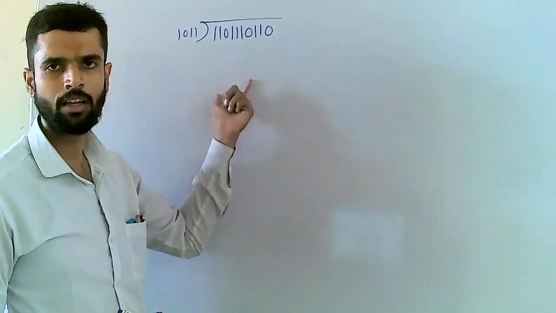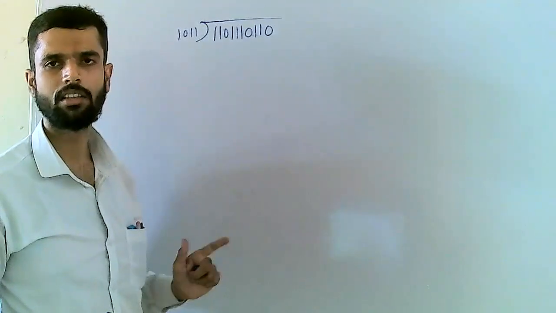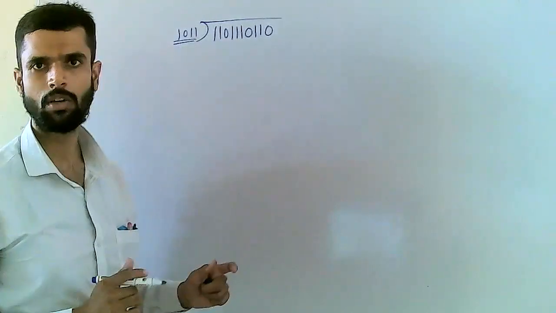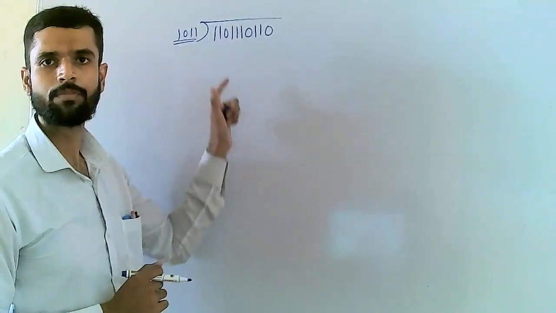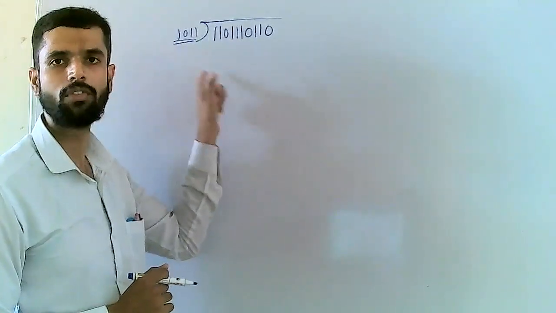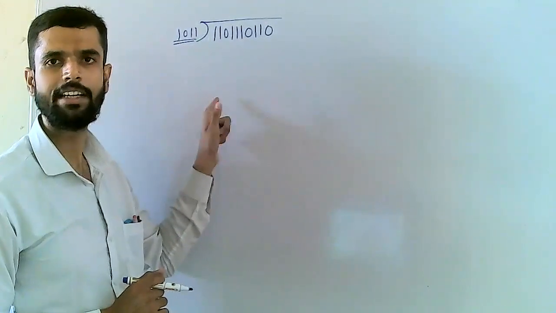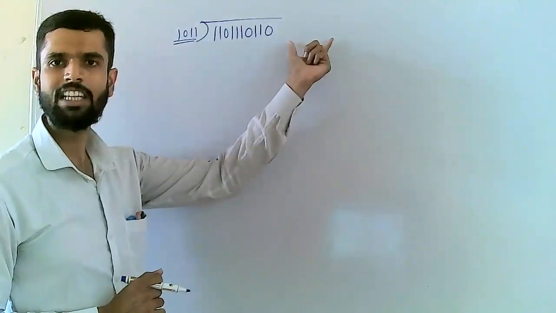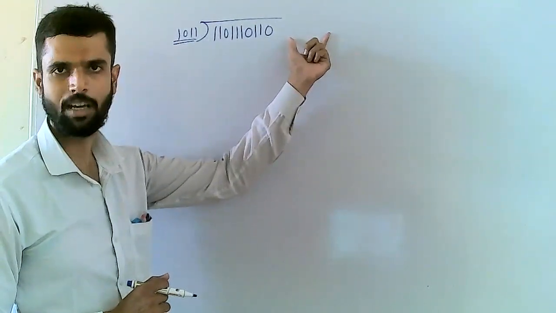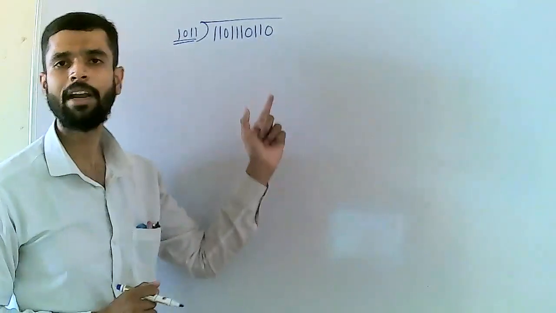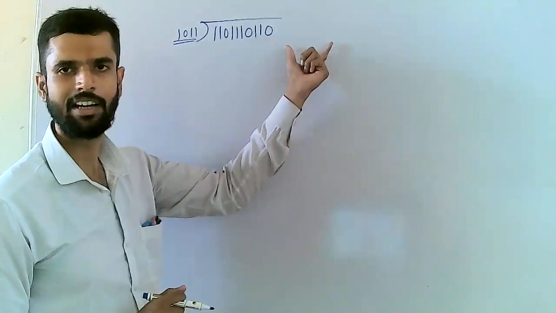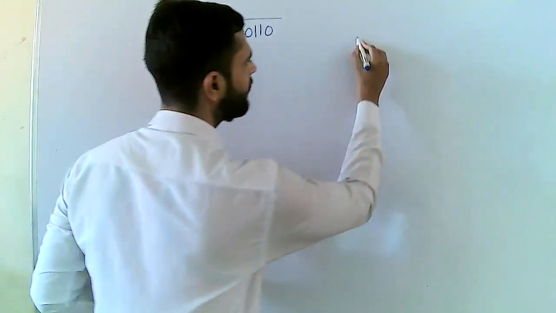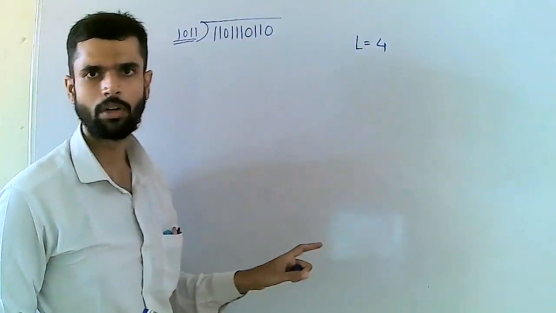Before performing the binary division, we have to keep in mind the value of the divisor. In CRC, the divisor is needed in order to add the redundant bits, that is, we have to append bits at the end of the data bits. The length of the divisor is 4.